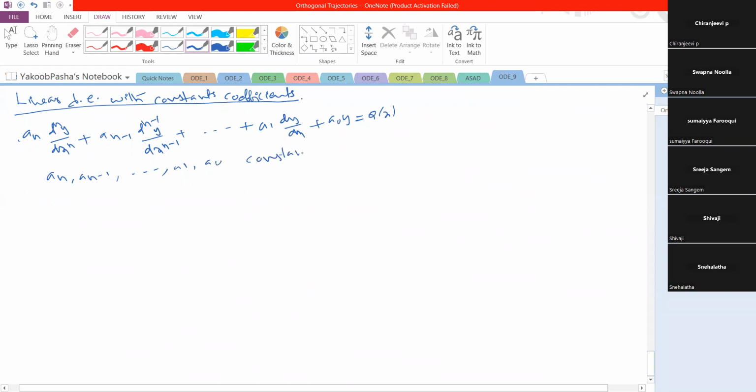This type of differential equation is called the linear differential equation with the constant coefficients of order n.